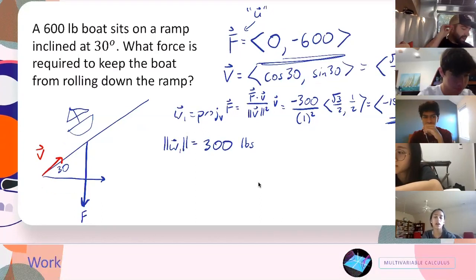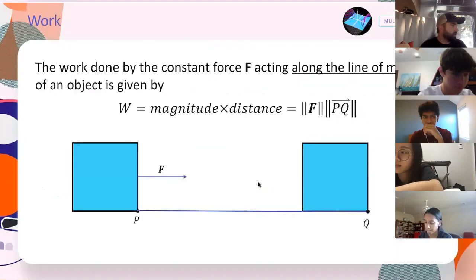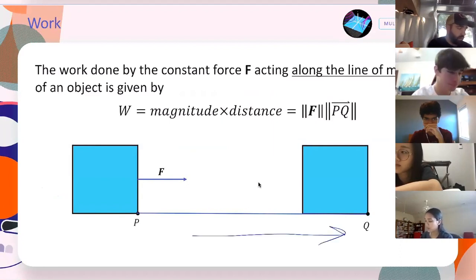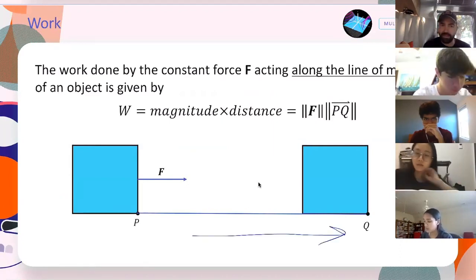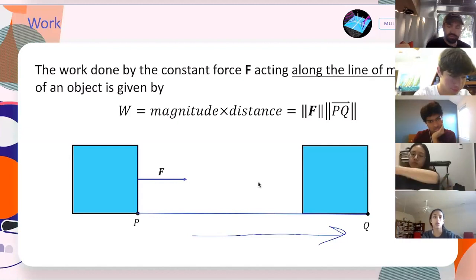Okay, last thing is work done, I think, is work done by a force acting on an object. So as long as it's acting in line of motion, so say this box is being moved this way. If the force is acting in the exact same direction, you would just multiply the magnitude of the force times the distance.